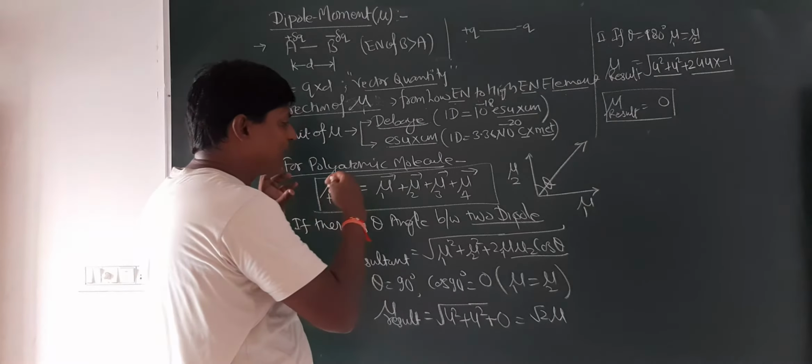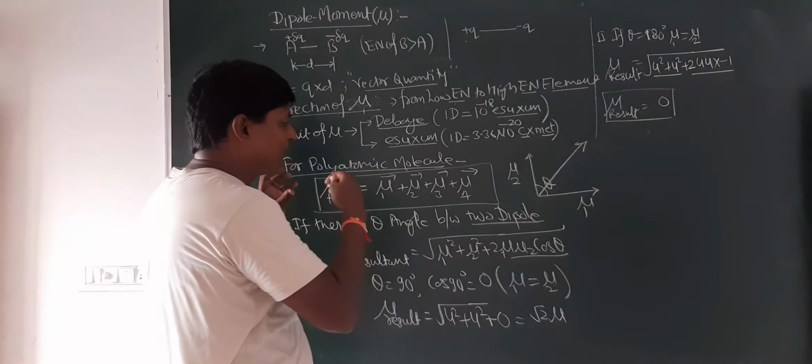Okay. And one thing which we have to keep in our mind: if the molecule is completely symmetric, in that case the dipole moment will also be 0. Symmetric means what? We will discuss it later.